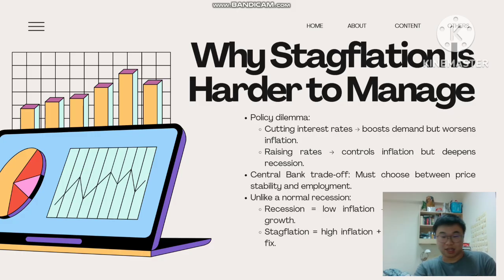This is the policy dilemma. And for the central bank trade-off, it must choose between price stability and employment. Unlike a normal recession, where low inflation makes it easier to stimulate growth, stagflation is high inflation and low growth, with no easy fix.